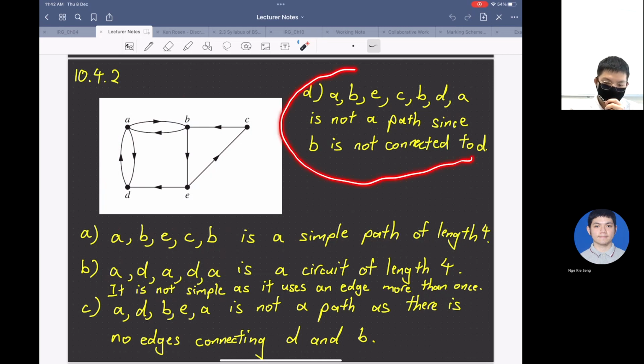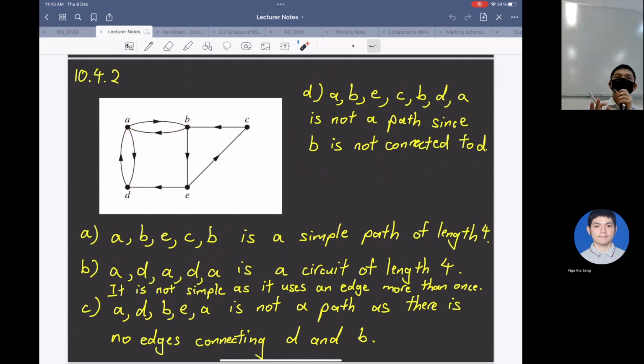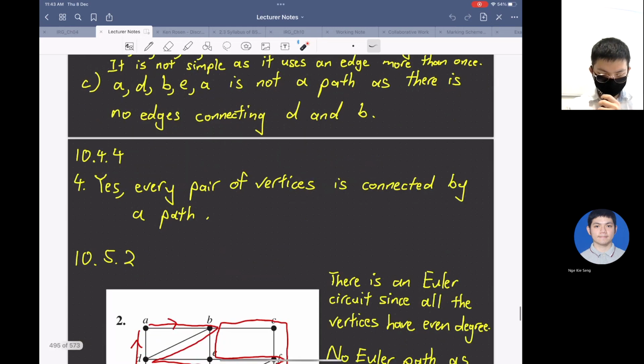D also: A, B, E, C, B. Okay, you have a path, but you have no edge. So the problem is the edge, not the path. B is not connected to D, so you cannot go from B to D.